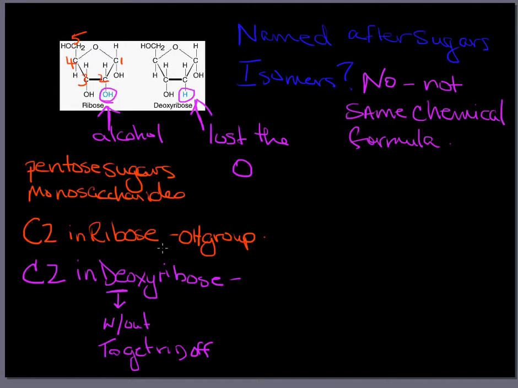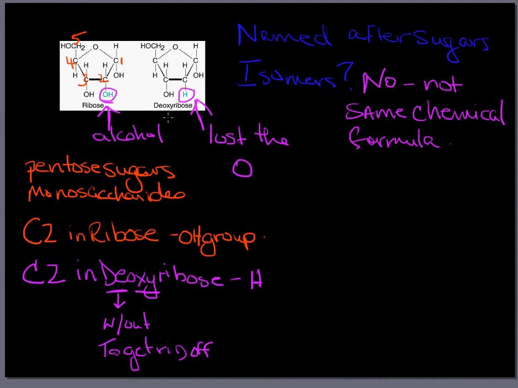If you decontaminate something, think about what you're doing. Deoxy. We got rid of the oxygen. There's just a hydrogen. So the sugars are similar, but not exactly the same. And it's important to make sure that you can tell whether or not you're looking at a ribonucleic nucleotide or a DNA nucleotide.